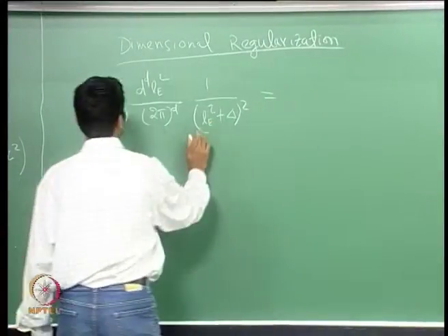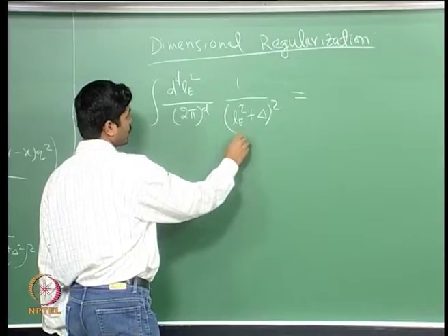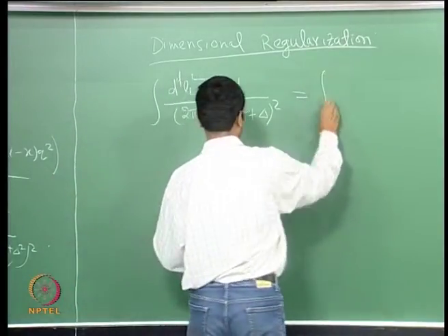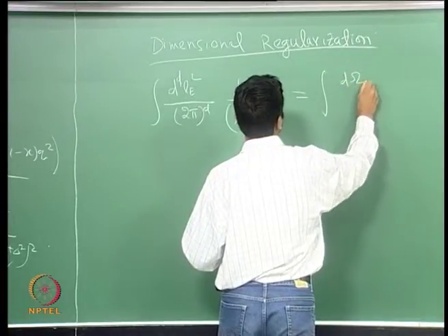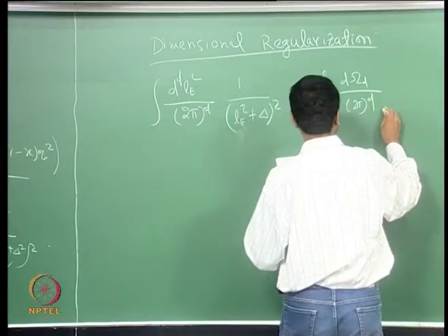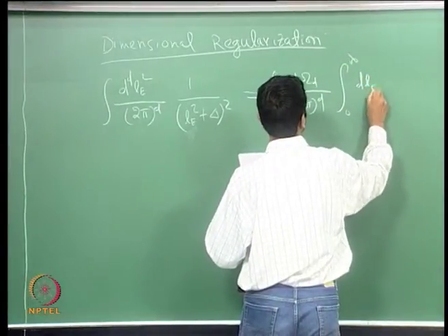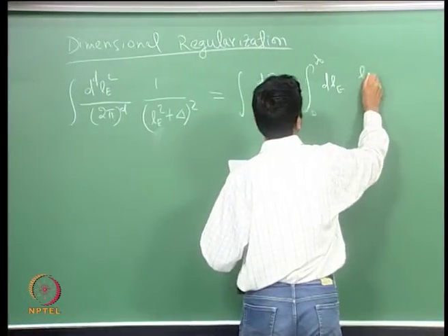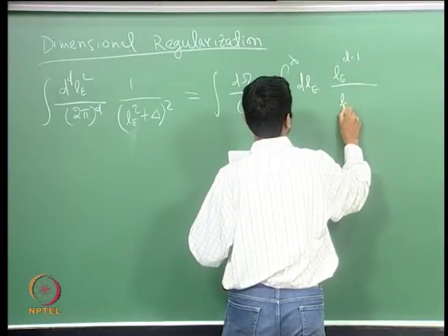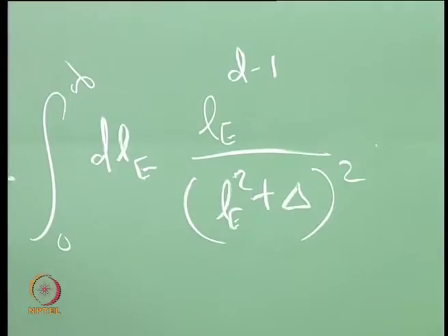Since the integrand depends only on the magnitude of L_E, I can rewrite this as d omega_d divided by (2 pi) to the power d, integration 0 to infinity dL_E, L_E to the power d minus 1 divided by (L_E square plus delta) whole square.